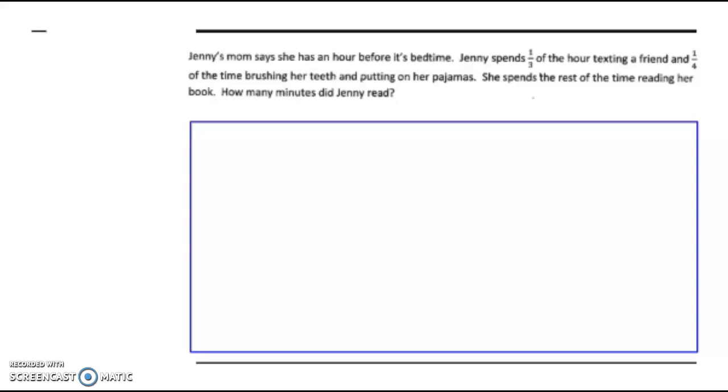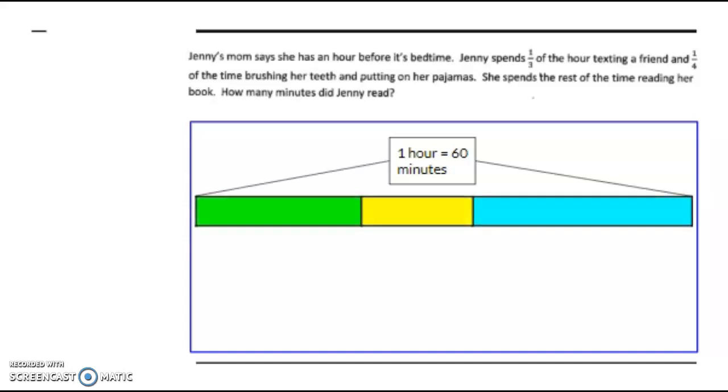So the next part we're going to be looking at is the blue part, or the drawing. So we have 1 hour, and I've split this up into kind of like 60 minutes because 1 hour is the same as 60 minutes, and then I put this into 3 different parts.